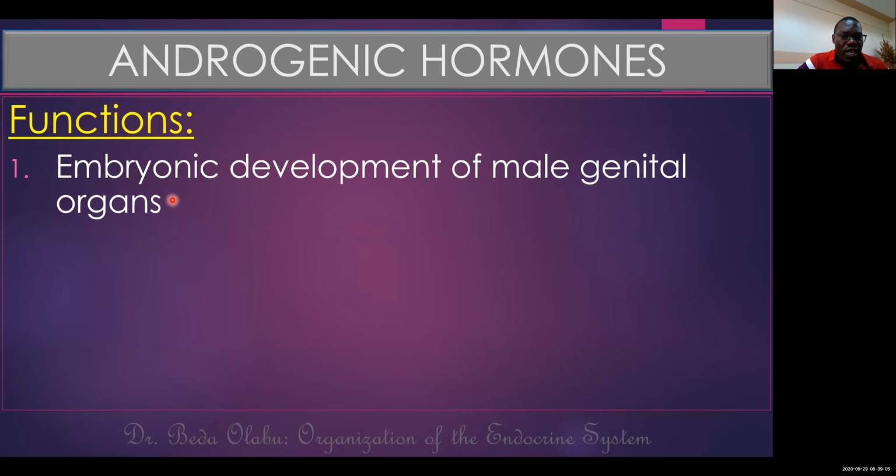The anatomical programming of the male organs towards the male pattern. So that instead of clitoris, there's a penis. Instead of the labia separating, they fuse together to form scrotum, something like that.